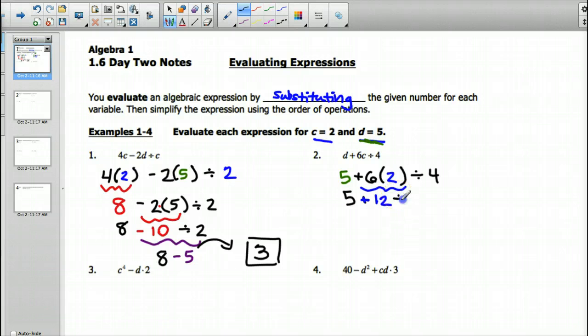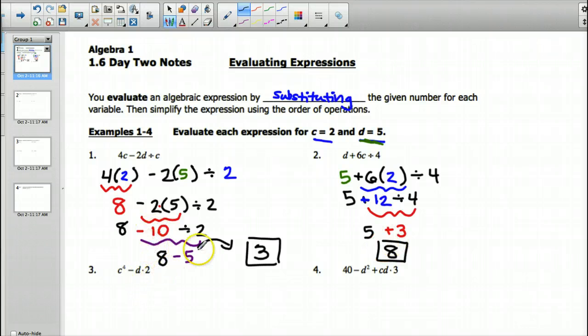And then my divided by 4. So 5 plus 12 divided by 4. I'm going to ignore this addition and do my division next. So I have positive 12 divided by 4, which is positive 3. So this becomes 5 plus 3. 5 plus 3 is 8.